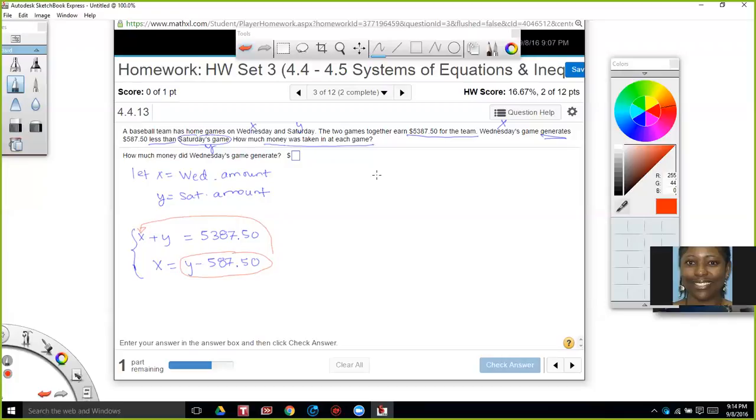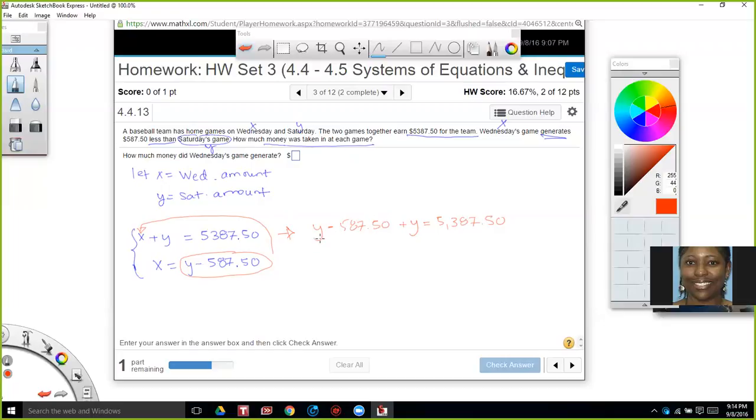And so what happens is we have a new equation. x becomes y minus the $587.50, and then you still have plus y is equal to $5,387.50. So now we have this equation to solve, which we're able to solve because it's only in terms of one variable, y.